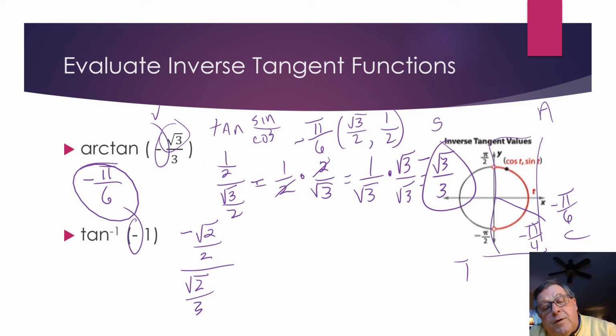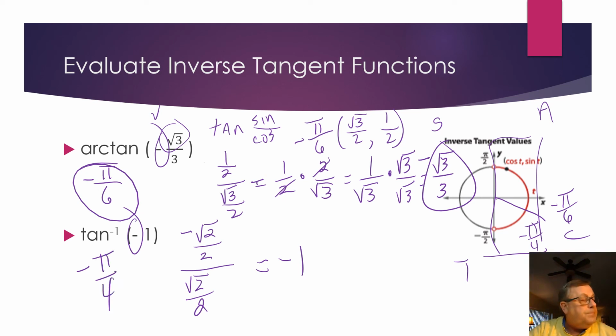Dividing those, the square roots of 2 cancel, and that should simplify to negative 1. So the inverse tangent of negative 1 is negative pi over 4. You have to do a little bit of reverse thinking there, you know what I mean? Memorize the sine and cosine values of those general angles.